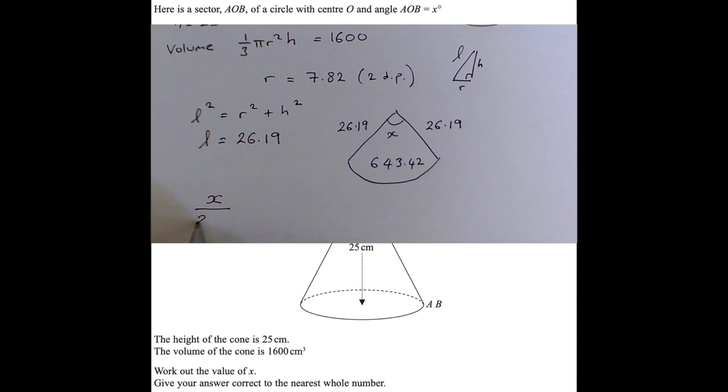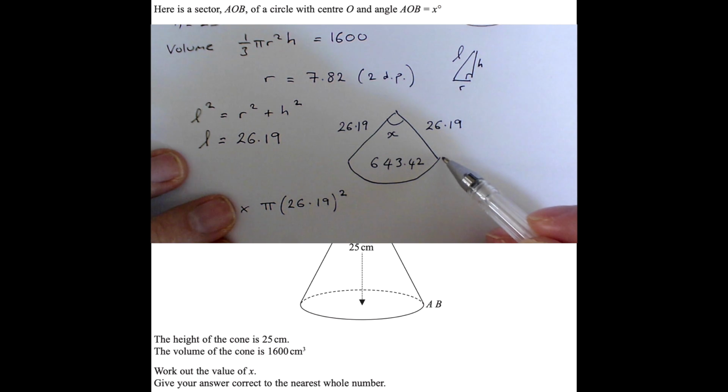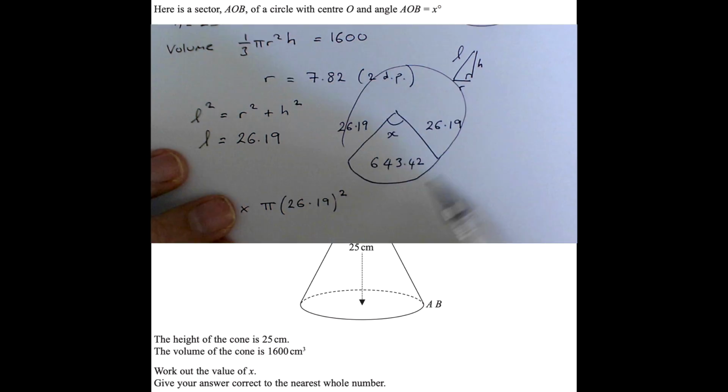Right, so now let's think about what we've got. We've got part of a circle, and that's what we're looking for. We can find the area of the whole circle, which is pi r squared. The radius is 26.19. It's not the same as little r, this is the slant length. Squared times pi is the area of the whole circle, times the fraction of the circle that I've got: x out of 360.